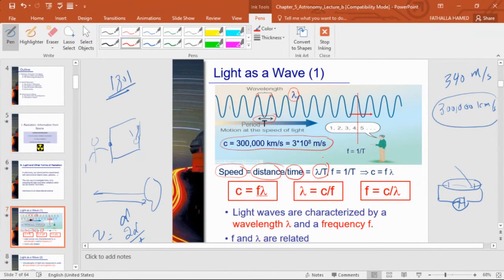Now, it is hard to measure a period for one wavelength, but as you can see in the figure here, instead of measuring the period for one wavelength, you can fix a period of 1 second, and then count how many wavelengths you get in 1 second.